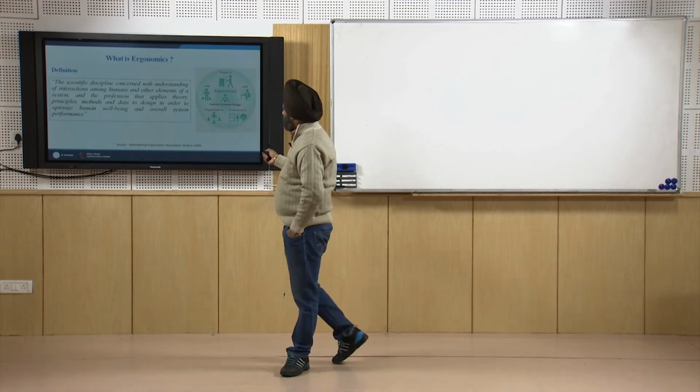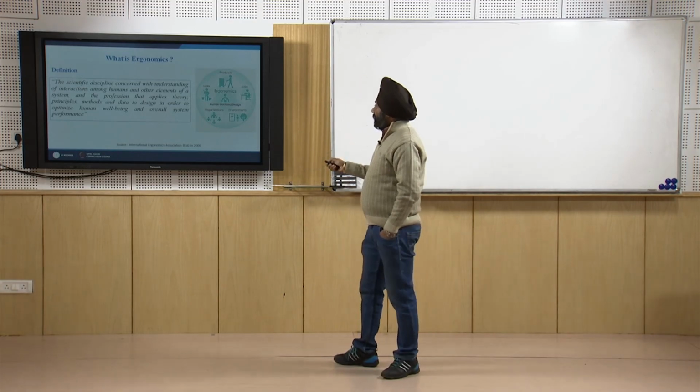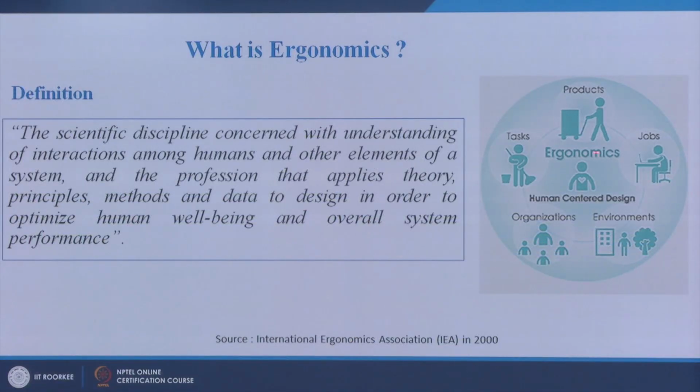Now here you can see in human-centered design, ergonomics, we can design products. Maybe this trolley can be one product which is assisting this human being to carry this load from one position to another position. So here this person is interacting with this system or this equipment to complete the work. So here the interaction is between the human being and a cart. Here you see for the different jobs ergonomics can play a role.